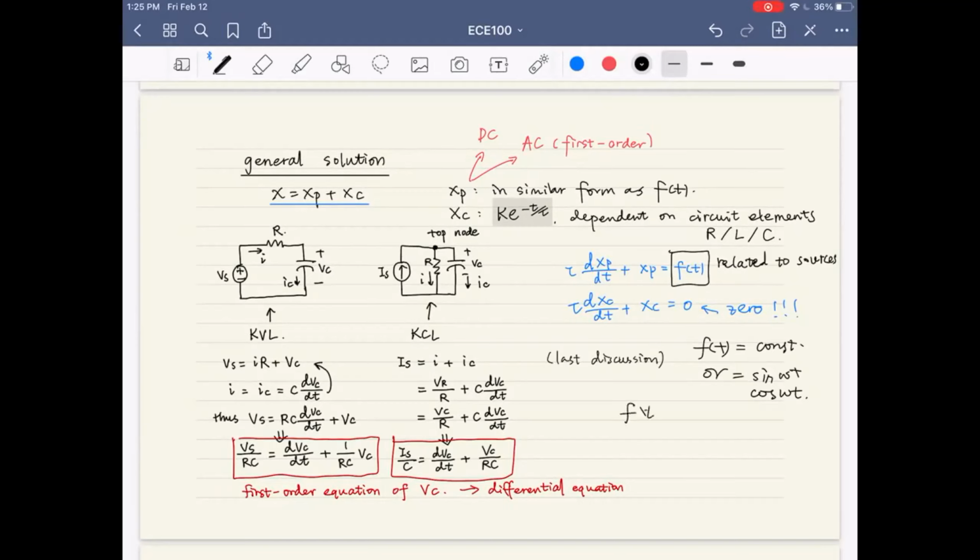For FT equal to other formats, what mathematics scientists do is they observe the form and guess what kind of XP will satisfy this equation, like the derivative plus its own equals to the ultimate goal.